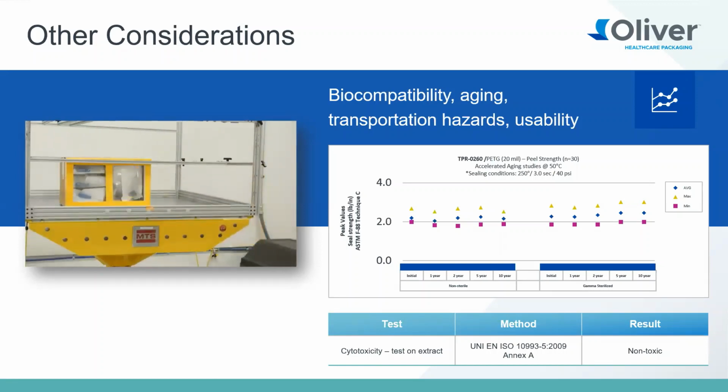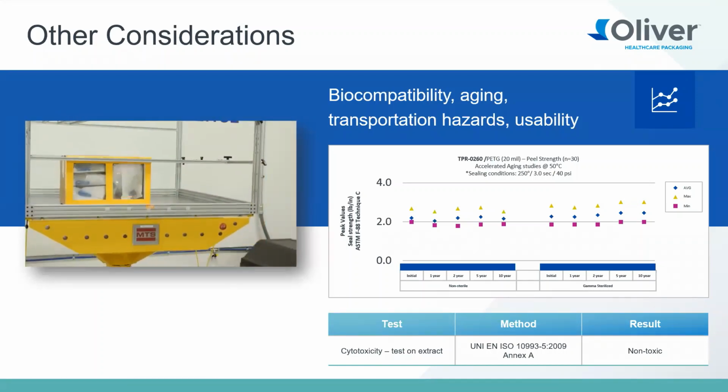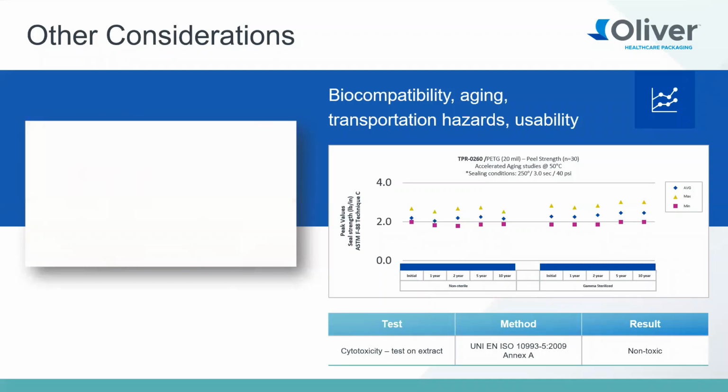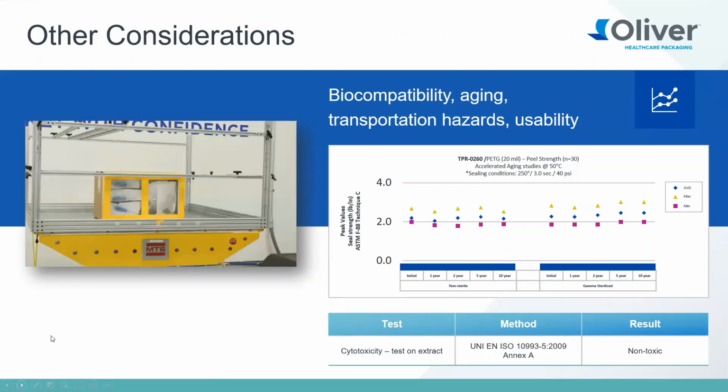So we've done these little exercises where we create a window in a shipper carton and kind of show what happens on a vibration table. And that was basically showing that inside your shipper, how you pack out your sterile barrier system can have an impact.